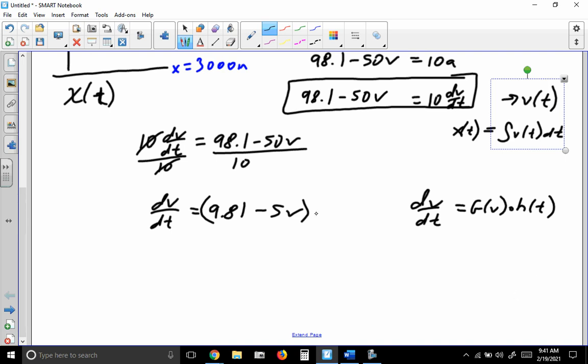Well, we don't even have any t's on the right, so we could consider that function just a constant. So yes, this is going to be separable. So we could multiply both sides by dt to get t on the right, and then we can divide by the parentheses to get our v's on the left.